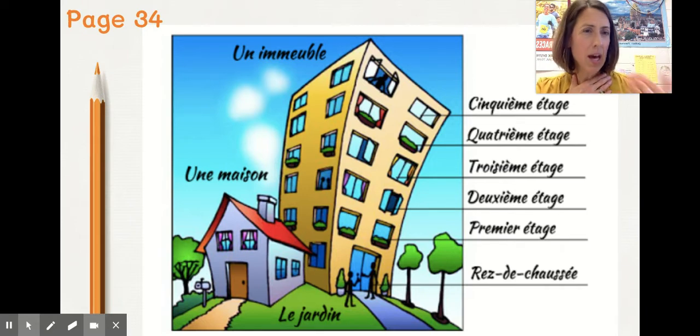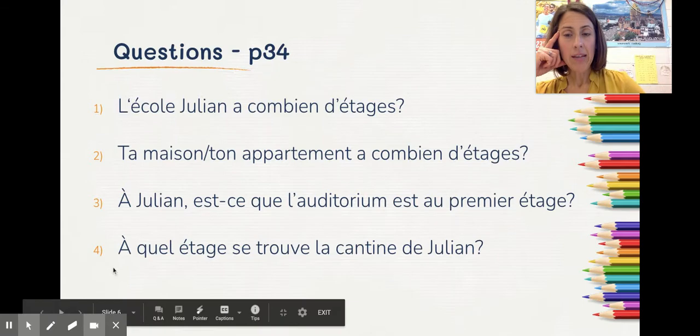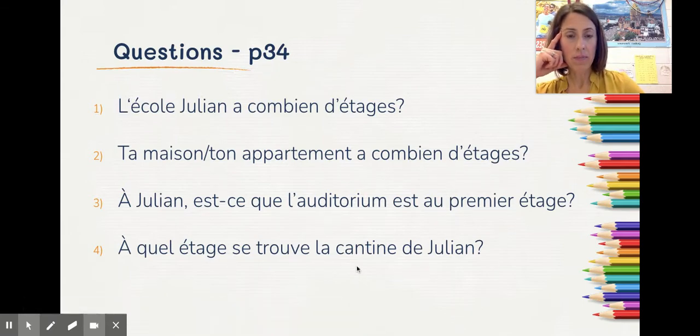It's like we don't even count le rez-de-chaussée. Okay. Question 3. À Julien, est-ce que l'auditorium est au premier étage? Question 4. À quel étage se trouve la cantine de Julien?